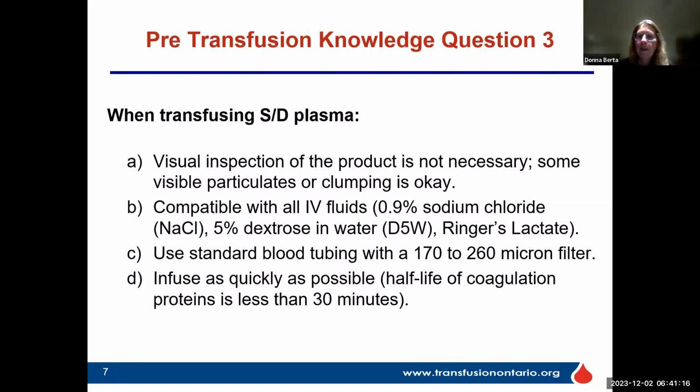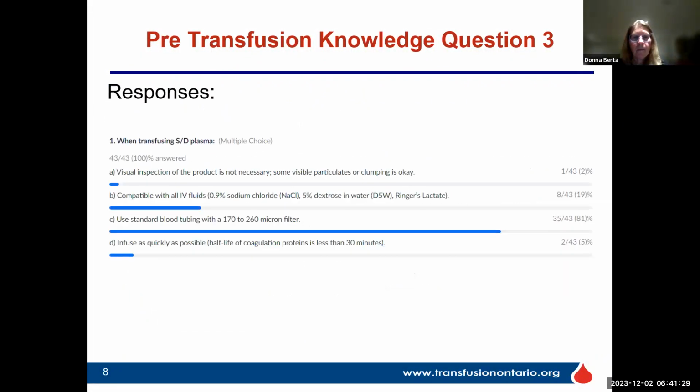The half-life of coagulation proteins is less than 30 minutes. I'll give you a moment to select a response there. Okay, pretty strong agreement there. Again, we'll come back to these topics throughout the presentation, and we will address the questions again at the end.